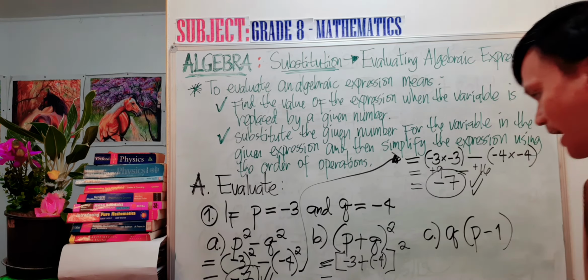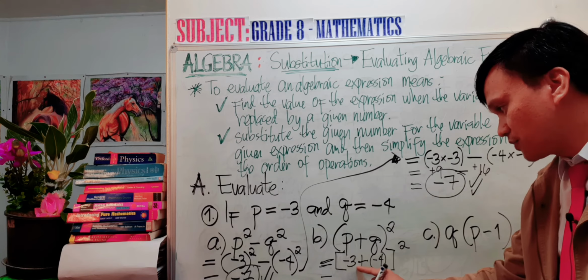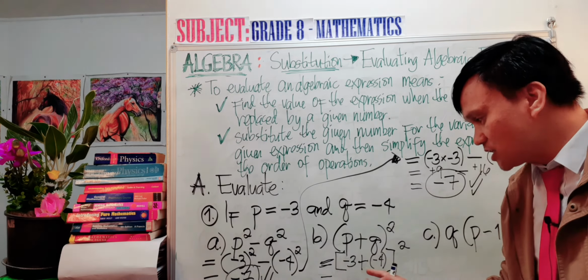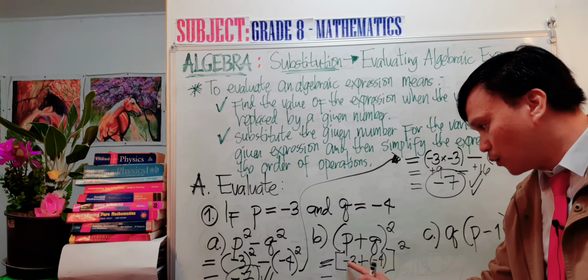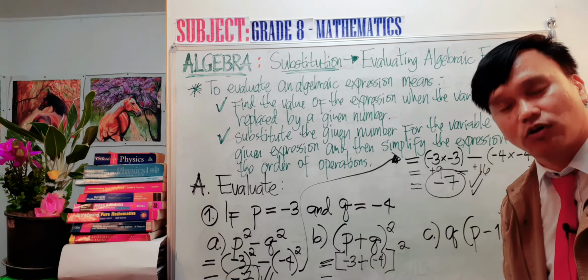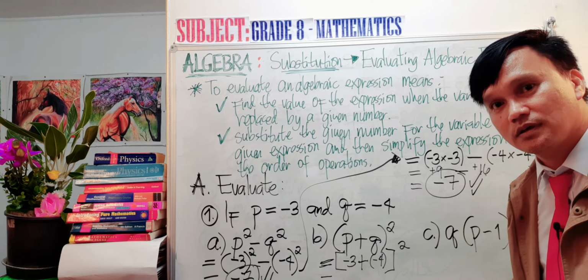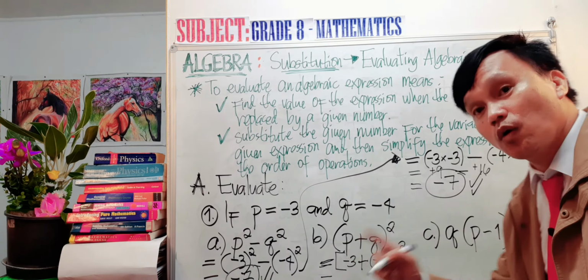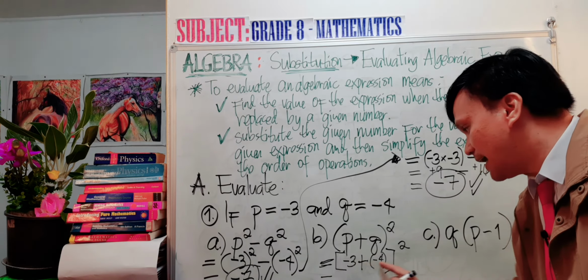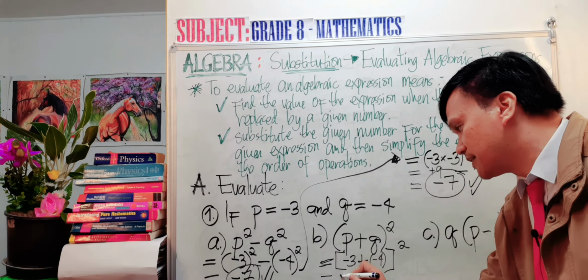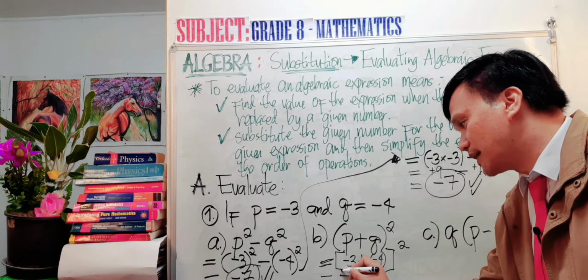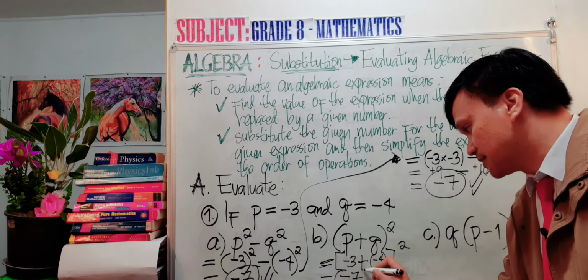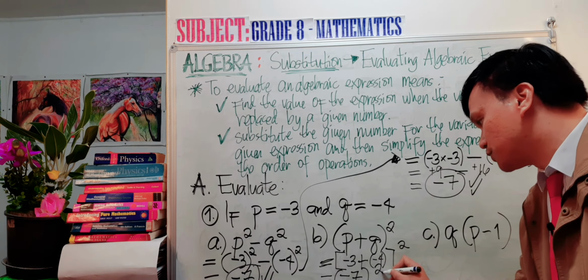All right. So now we have negative 3 plus negative 4. What is the rule when we are adding numbers with the same sign or like sign? Okay, very good. We are just going to add the numbers and copy the sign. Negative 7. Now I will use parenthesis to the power of 2.